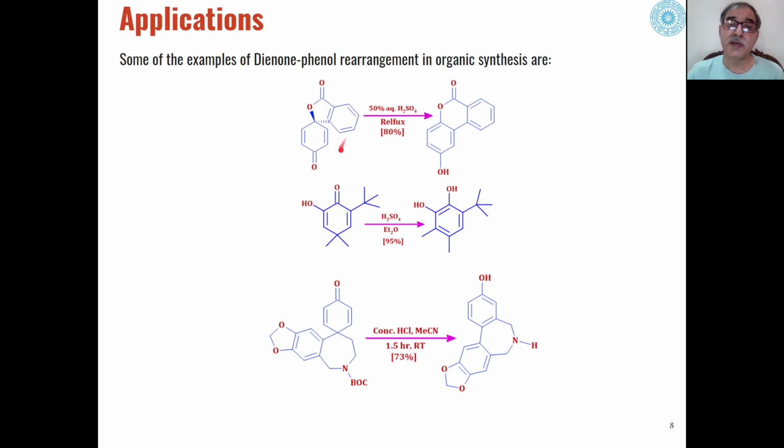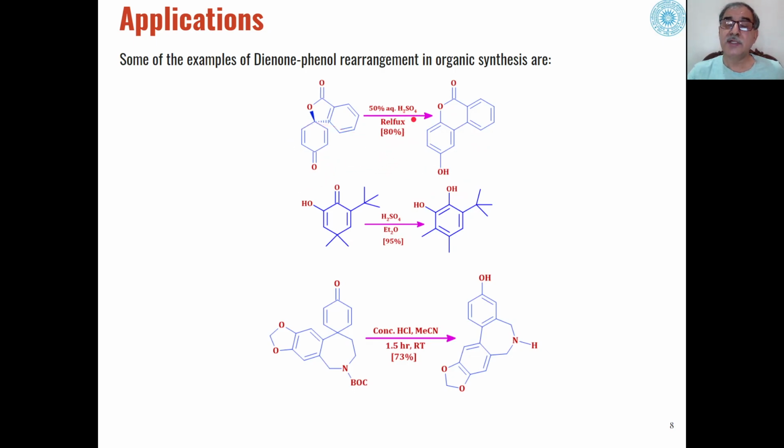Then some more examples. These types of dienones having lactone rings present undergo ring expansion, because here we have these two R groups which are there to migrate for the formation of phenols from dienones.